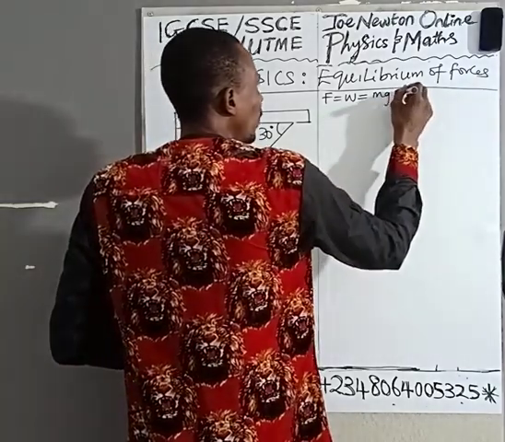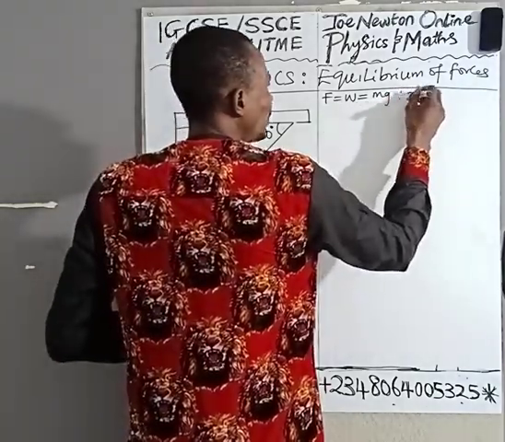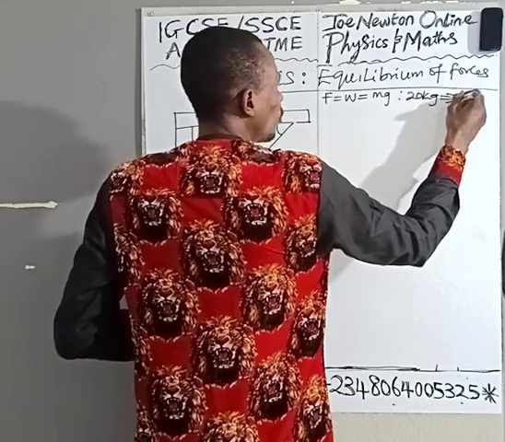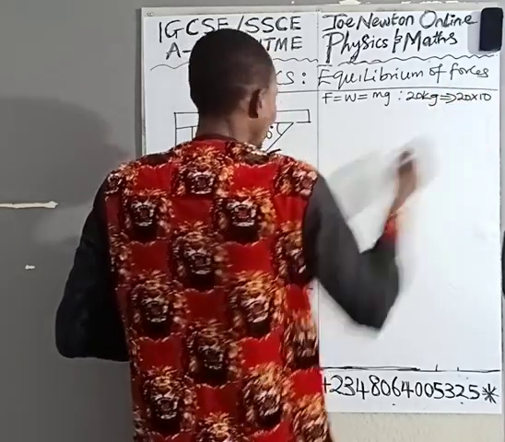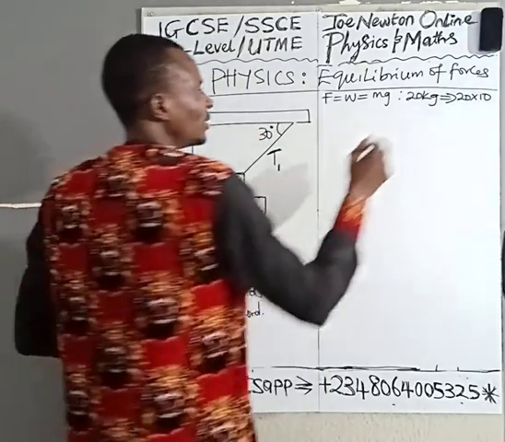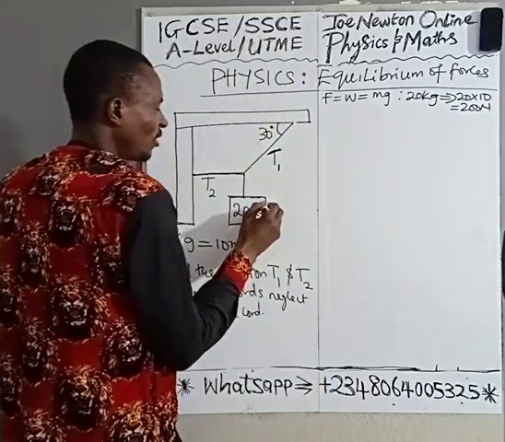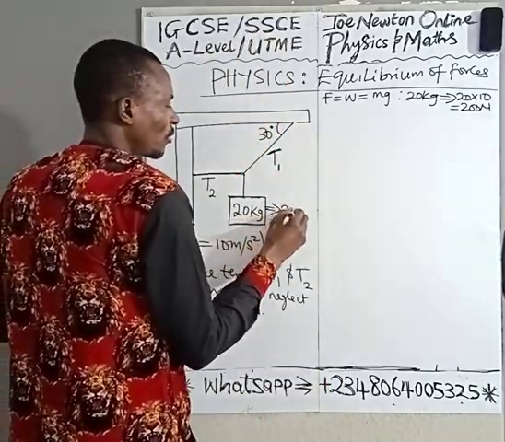Therefore, this 20 kg will now become 20 times 10, which is the acceleration due to gravity, giving us 200 Newton.